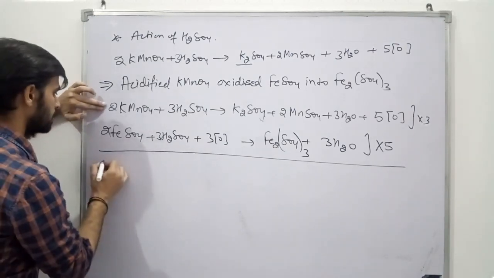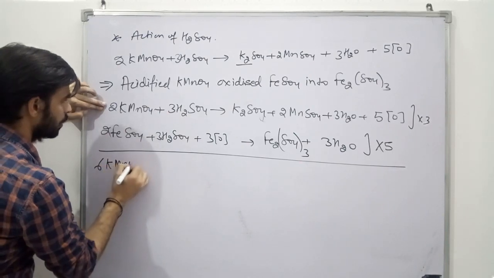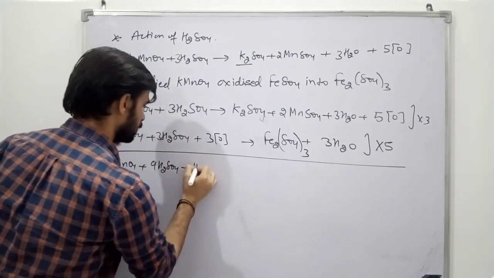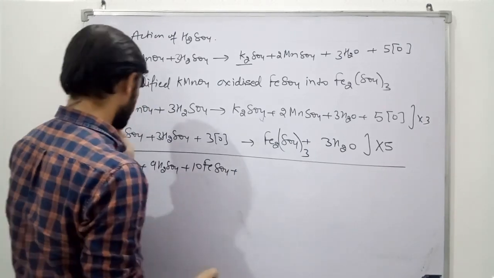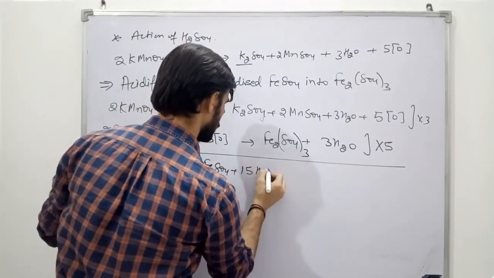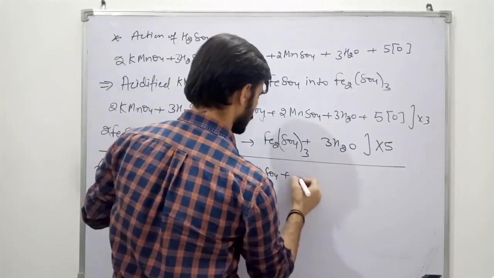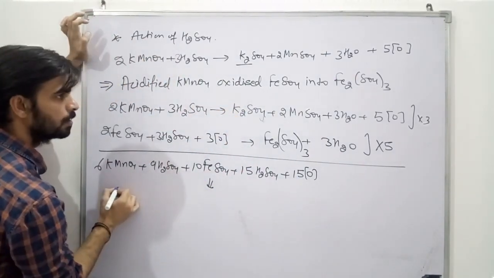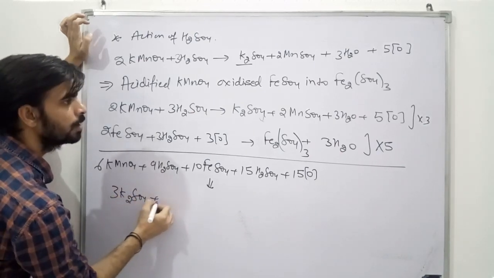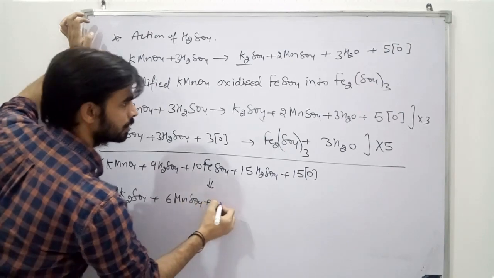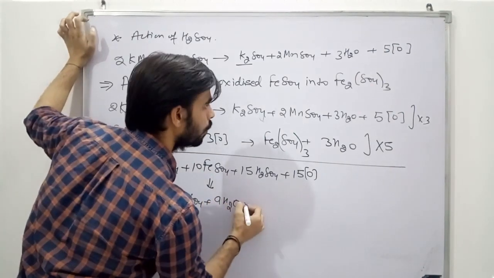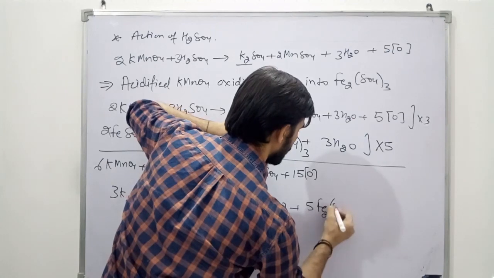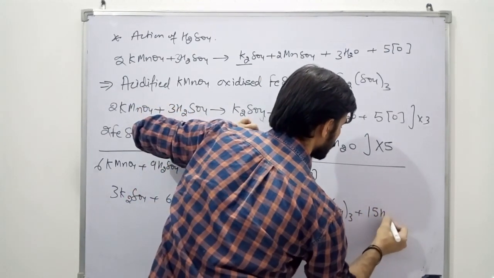So let's start. 3 times 2 is 6 KMnO4 plus 3 times 3 is 9 H2SO4 plus 5 times 2 is 10 FeSO4 plus 5 times 3 is 15 H2SO4 plus 5 times 3 is 15 oxygen gives 3 times K2SO4 plus 6 times manganese sulfate, 3 times 3 is 9 H2O plus 15 nascent oxygen plus 5 times Fe2(SO4)3 plus 15 H2O.